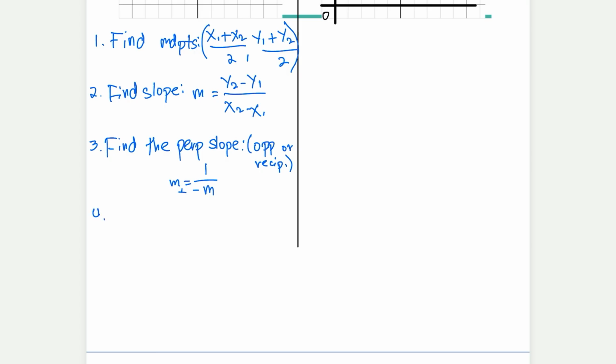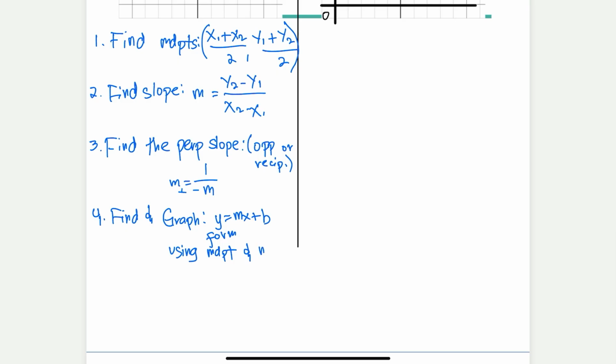Number 4, third step is find and graph using the y is equal to mx plus b form, using the midpoint coordinates and the perpendicular slope. Let me just put it as m.